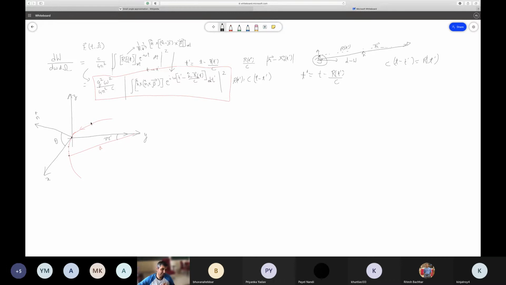So we are forgetting about the observer when we're doing this integral. So v t prime is this distance of the arc, so v t prime by a is this angle. And for this short trajectory, this is like a circle.